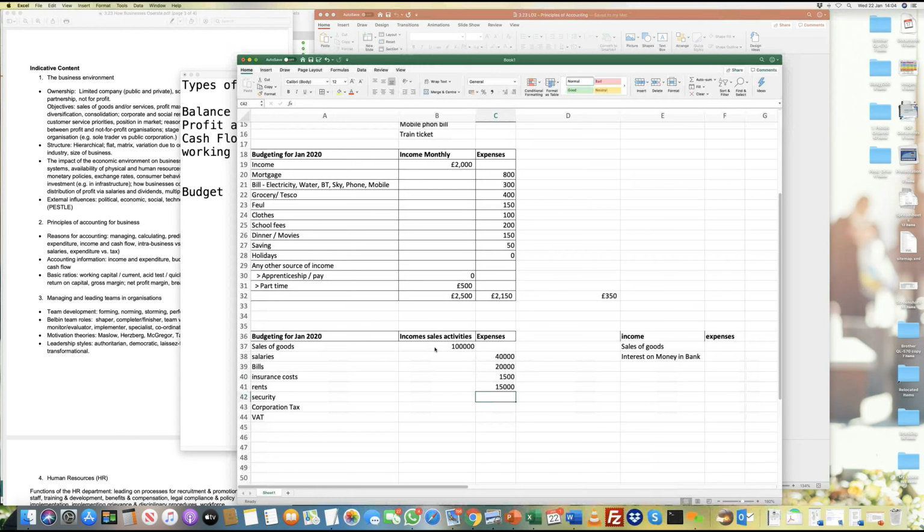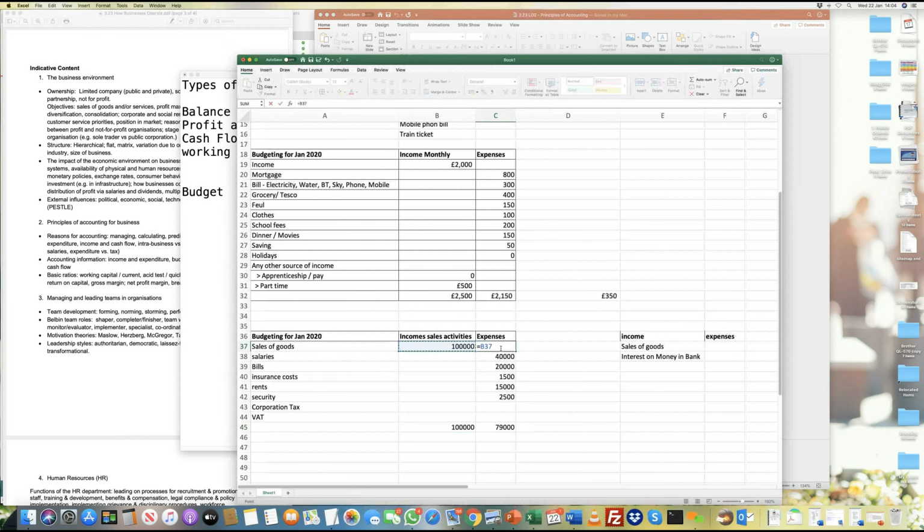There is some cost for annual security maintenance, corporation tax, depending on whether the company is making profit or not, and then VAT also on the basis of whether they're making profits or not. So now, their earnings are 100,000 and their net expenses are 79,000. But on the sales that they do, they pay 20% VAT.